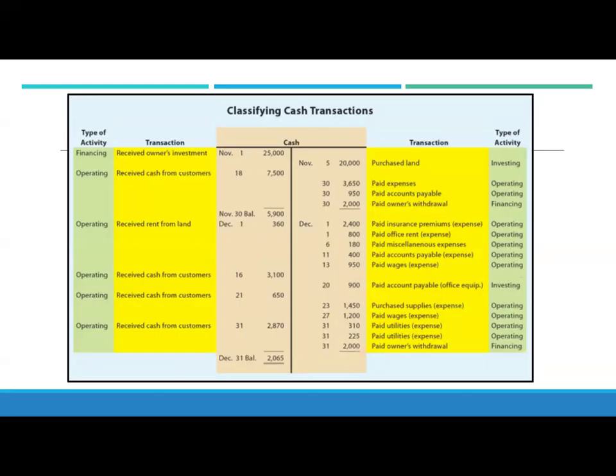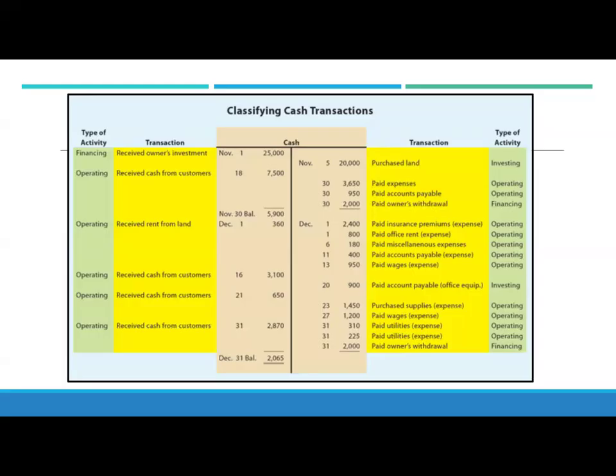All the transactions that happen with cash are going to be placed somewhere on the statement of cash flows, because it's a summary of all the activity that happened to cash. And so this is what's called the direct method, because we're taking the transactions directly from the cash account, whatever has happened to cash, and putting it on the statement of cash flows.